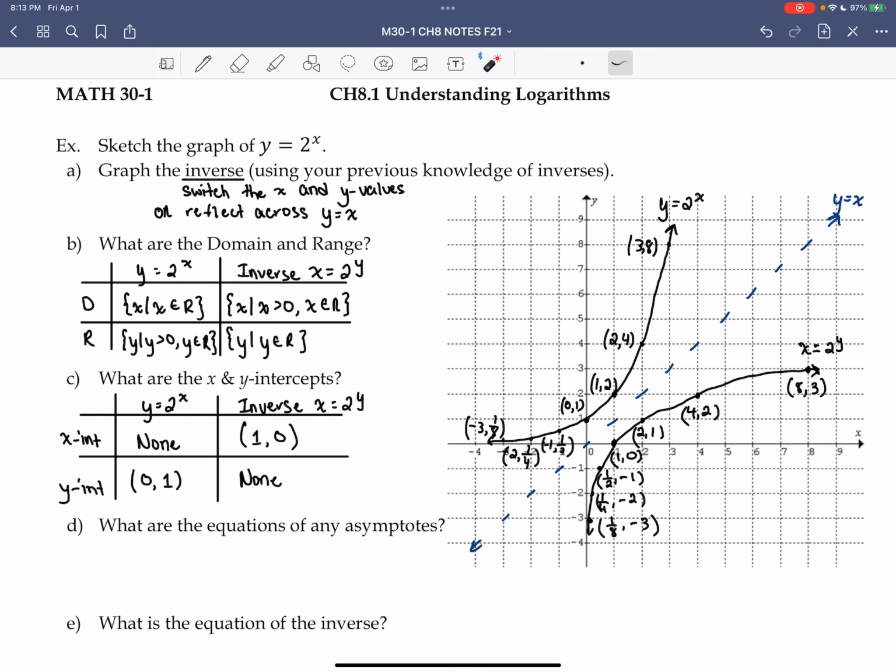Part D, what are the equations of any asymptotes? Looking at y equals 2 to the power of x, we know that y is greater than 0. We have a horizontal asymptote at y equals 0.